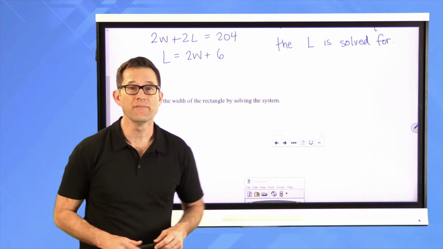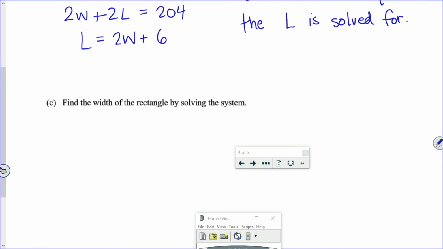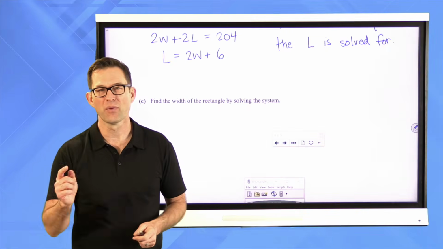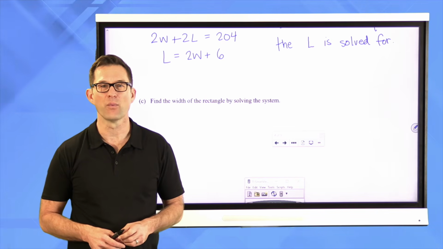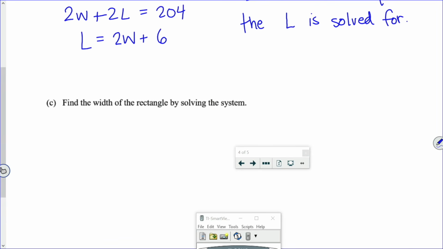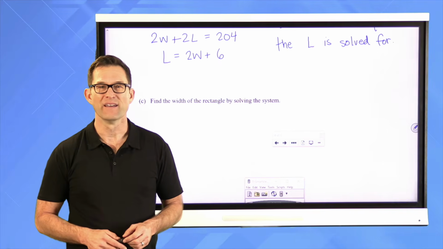So letter C, find the width of the rectangle by solving the system. It doesn't even want the length, it just wants the width. Pause the video now and see if you can find the width of this rectangle. All right, let's do it.